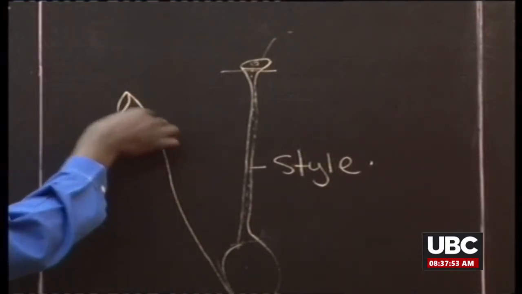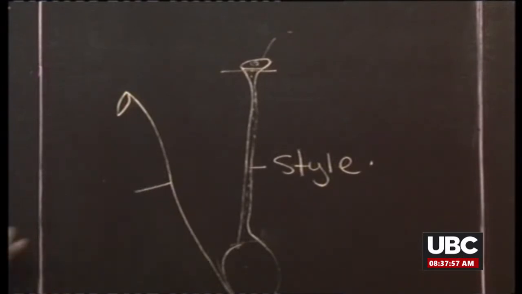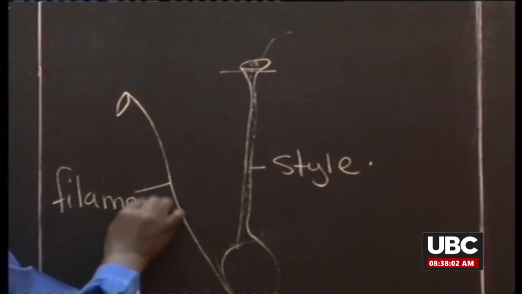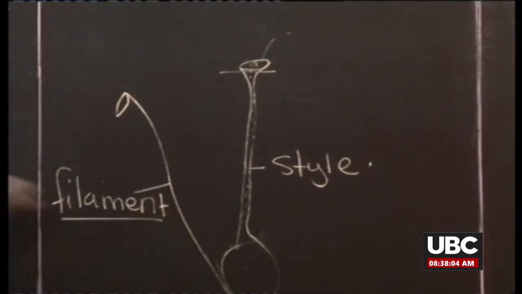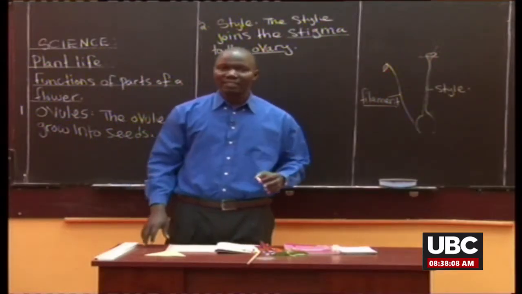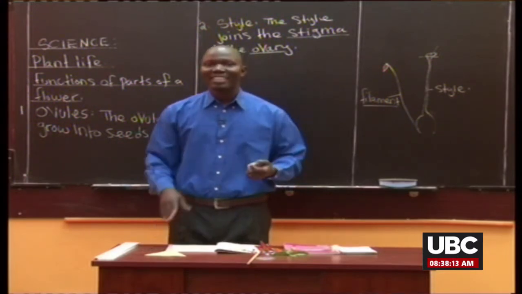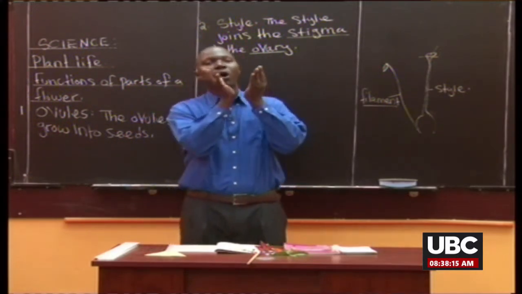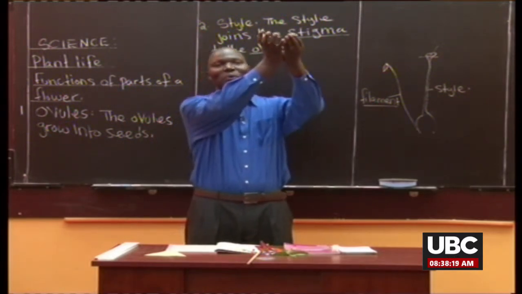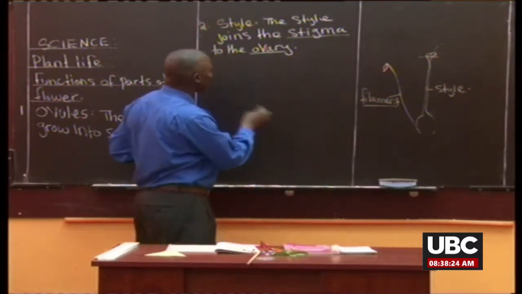Here you have your anthers, but we are interested in that tube there. It's this tube that we are calling the filament. And the question is, has the filament got any function? And the answer is yes. The filament has a function. What's the function? The function is to hold the anther up there, to hold the anthers. So the filament holds the anthers.